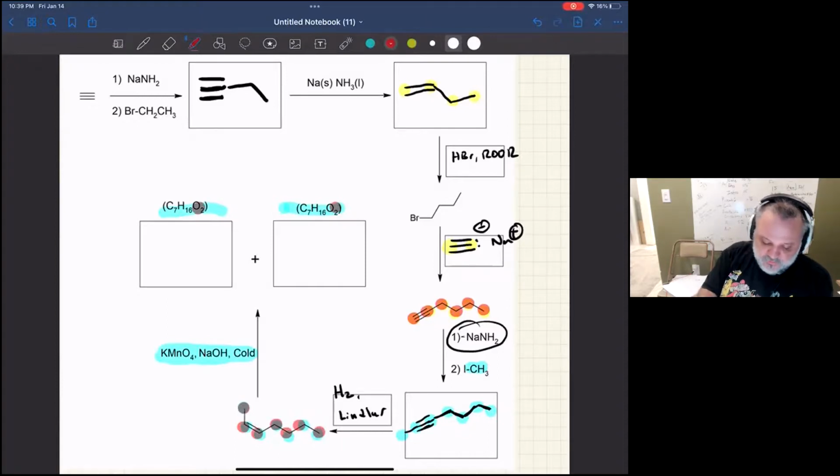Well, why are there 2 with the exact same formula? Well, that's because, remember, for a diol, this one is a syn addition.